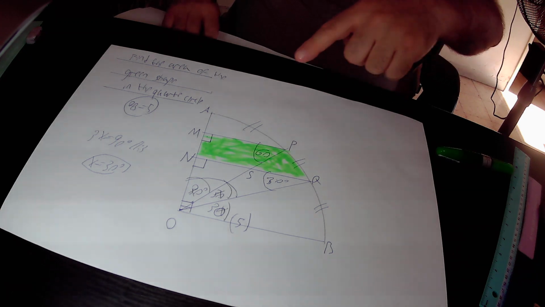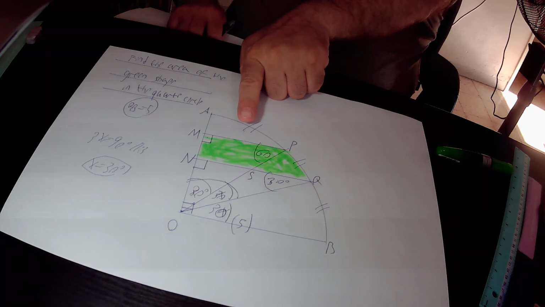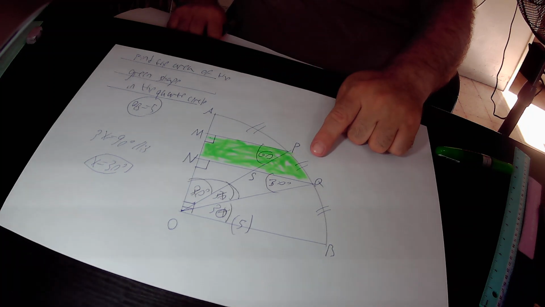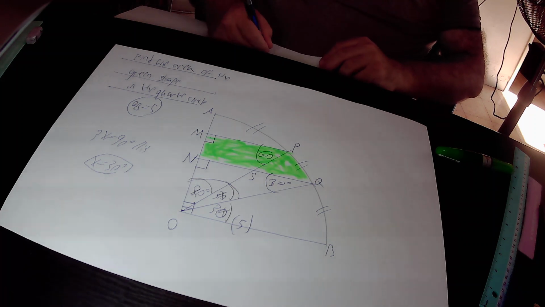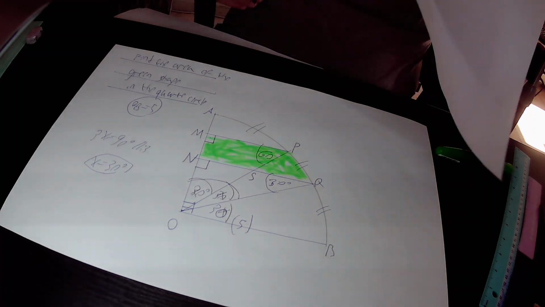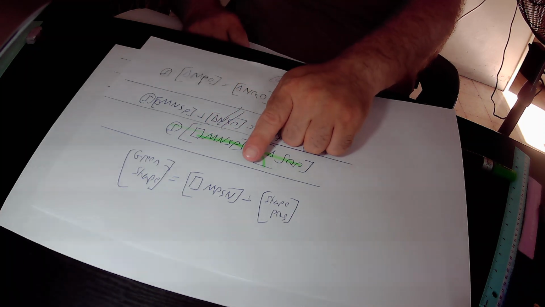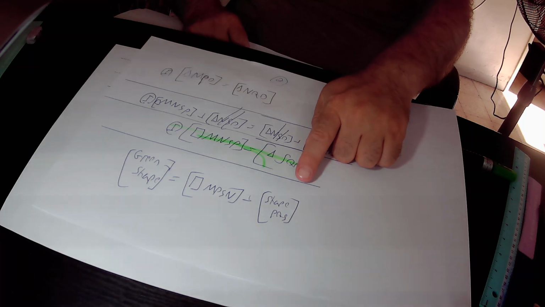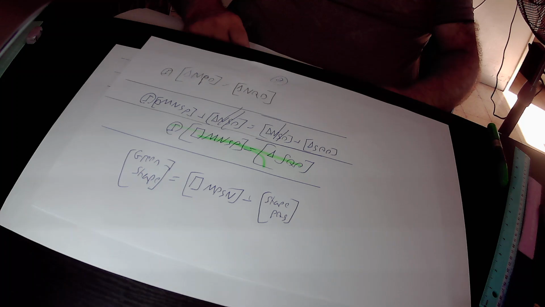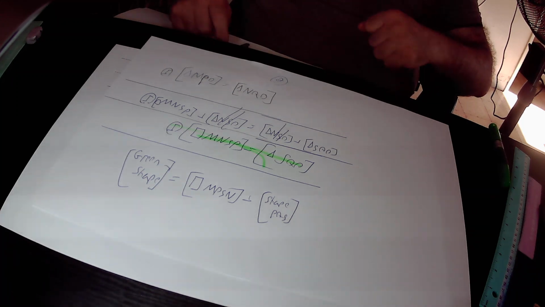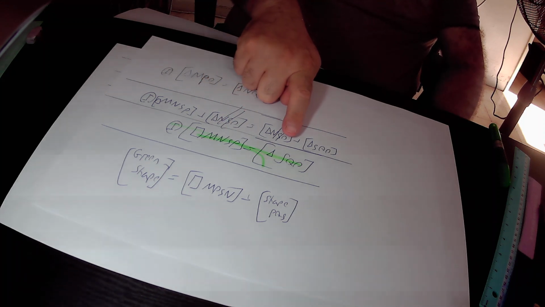Again, the area of the green shape equals the area of this quadrilateral MPSN plus the area of this shape PSQ. But we already found that the area of quadrilateral MNSP equals the area of triangle SQO.